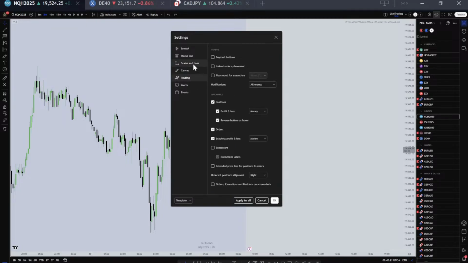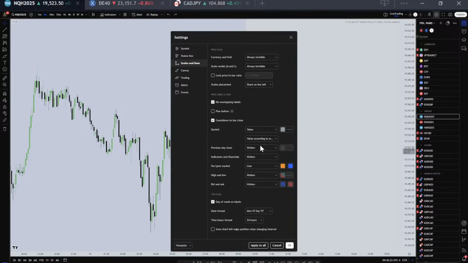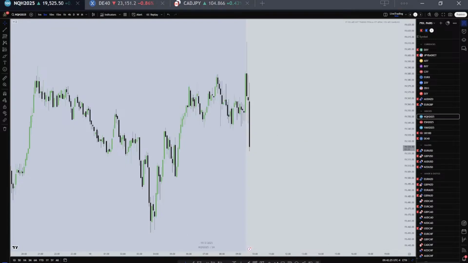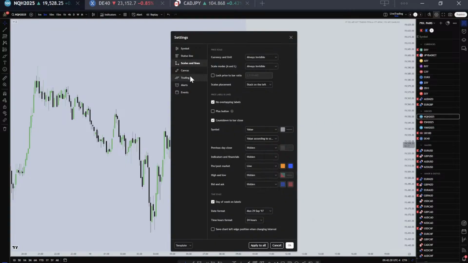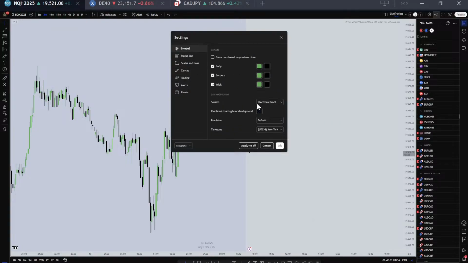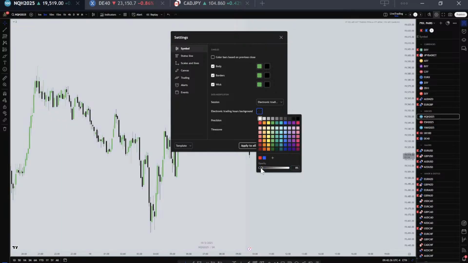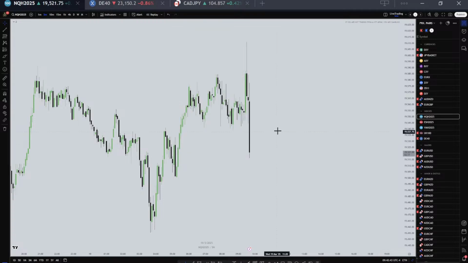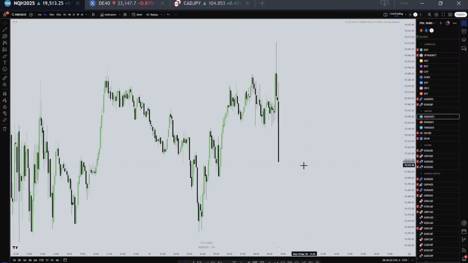If you can point me where I need to adjust this, it'd be awesome. Settings, then symbol. Whoa. You absolute legend. Thanks. Big kudos to you, Sam. Appreciate it. Let's go.